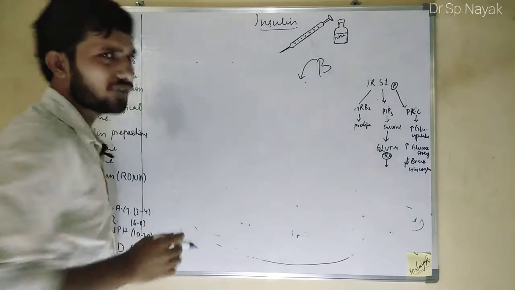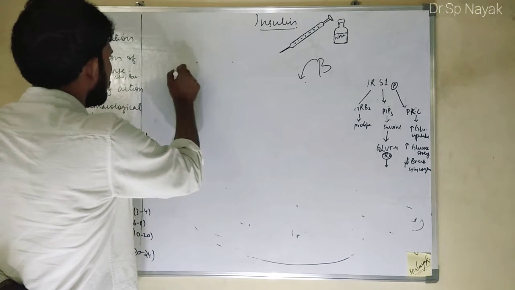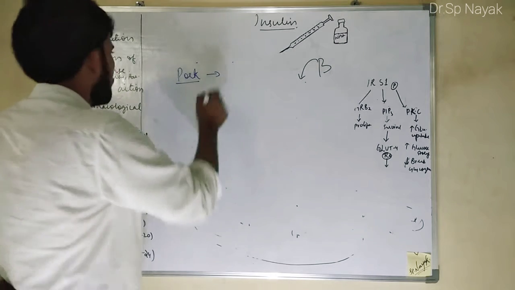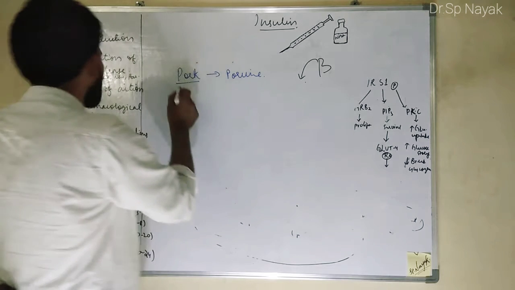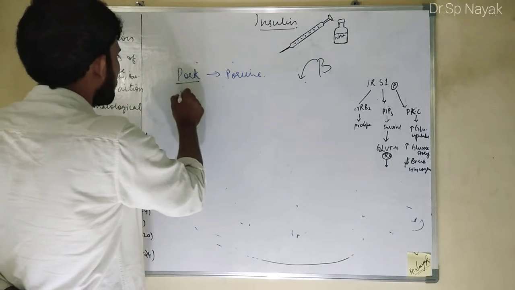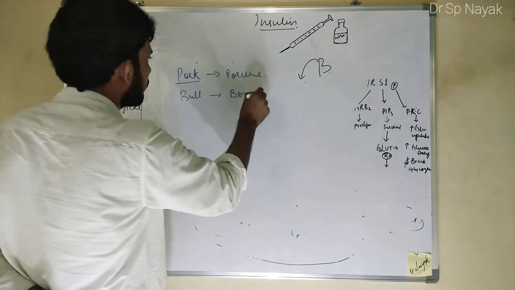In previous days, we used to synthesize insulin from pork, and that insulin is called porcine. And we also used to synthesize insulin from bull. It is called bovine insulin.